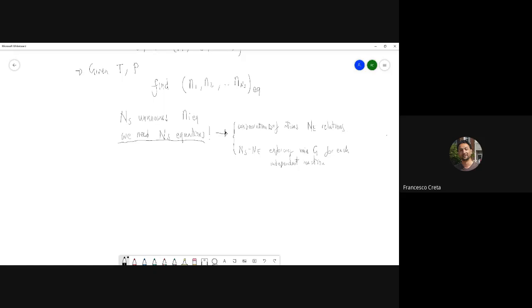And the minimum of Gibbs energy is what we just saw before, where for each independent reaction, you enforce that the equilibrium constant is equal to P to the alpha times the product of all the mole fractions, okay? Let me just write down here equilibrium just to remind myself that this is the composition of equilibrium, okay?